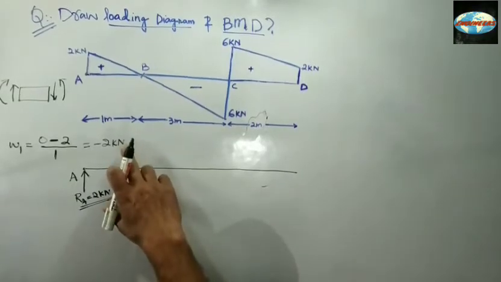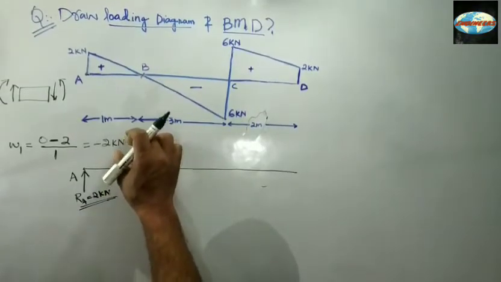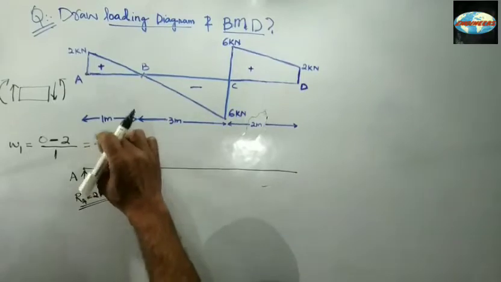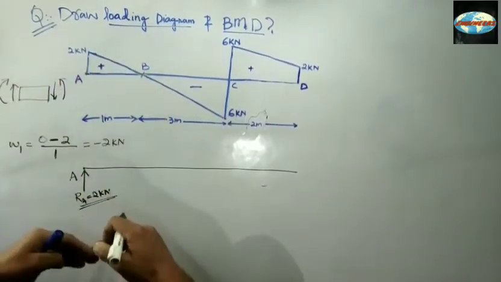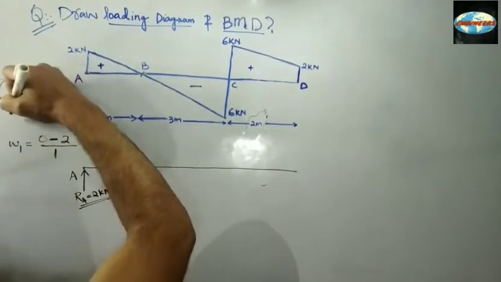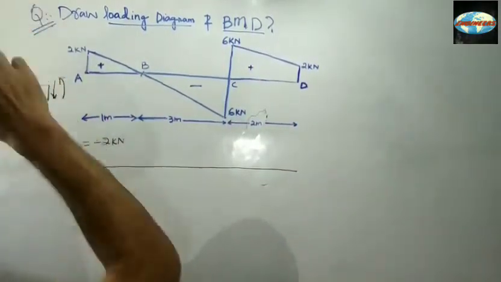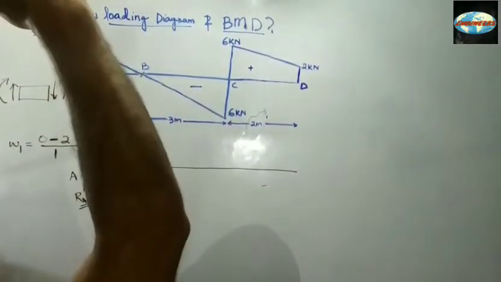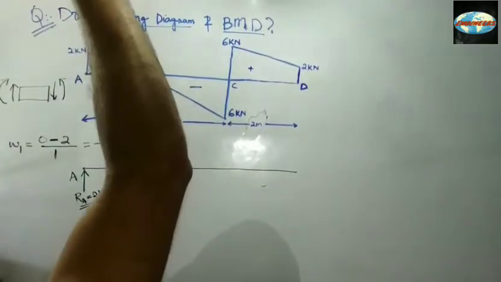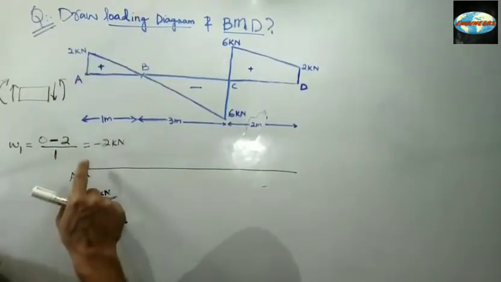And what does this minus denote? This minus denotes that the loading is downwards. Because when I'm analyzing from the left hand side, the upward loads, going from down to up, are positive for me.